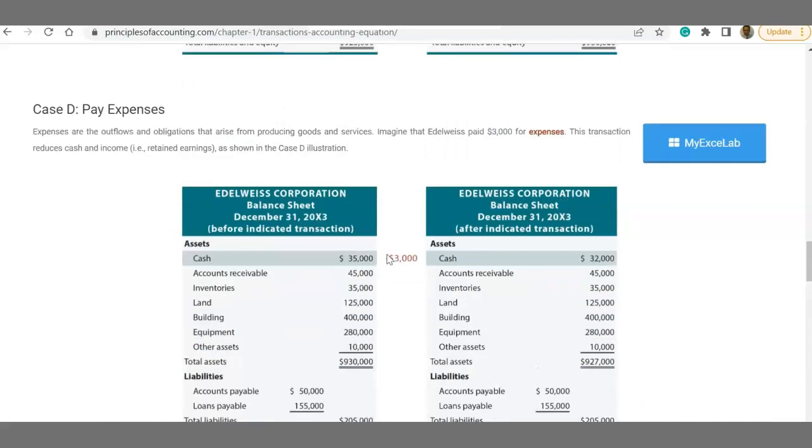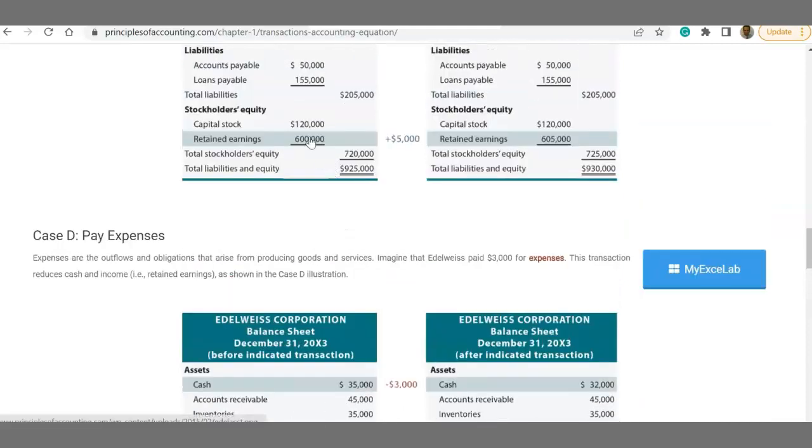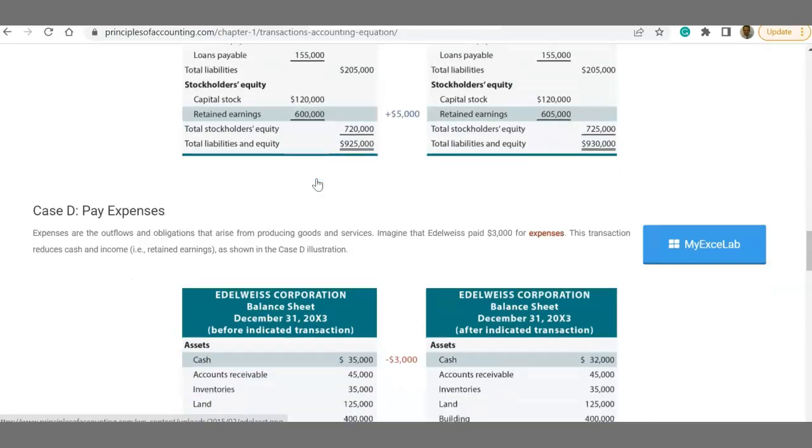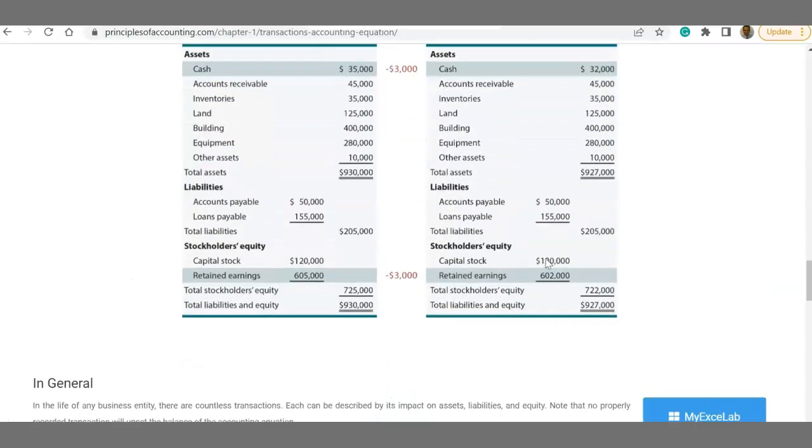Right? So watch this: 600,000 beginning retained earnings plus net income 2,000 minus 0 dividend. What is the answer? 600 plus 2,000 net income minus 0 dividend. The answer is 602. You see? Retained earnings is 602.